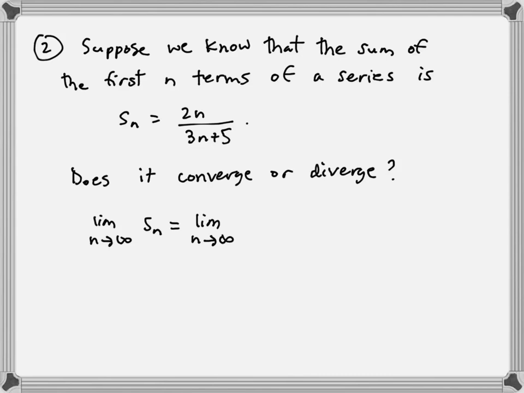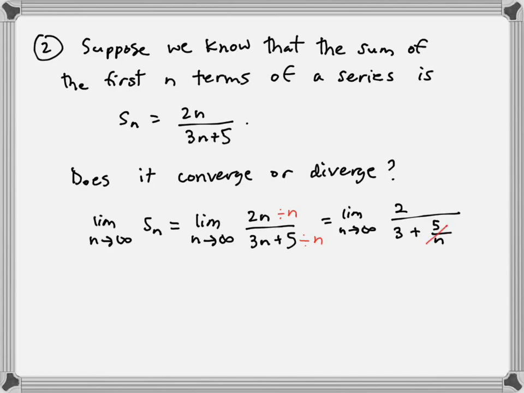Okay, so we can actually just take this limit directly. So how do we solve a problem like this? Remember to divide by the largest power in the denominator. We end up with the limit as n goes to infinity of 2 over 3 plus 5 over n.